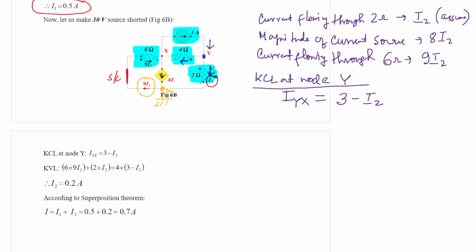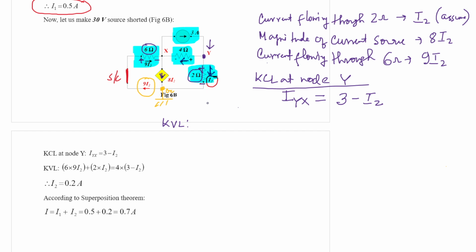This is the loop. The potential drops across the 6 ohm resistor and the 2 ohm resistor are of additive polarity, because their polarities are plus minus.